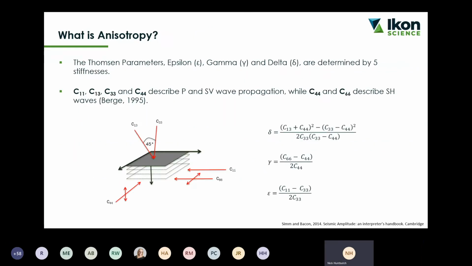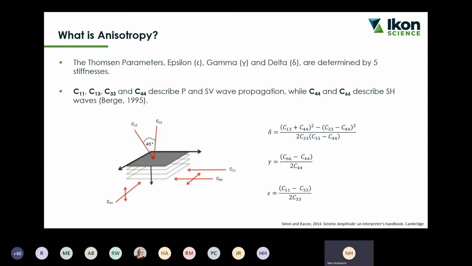Those parameters themselves are based on five stiffnesses, and those stiffnesses are described in different directions relative to the plane of symmetry. In the image there, we have a layering anisotropy, a VTI type setup, and given those stiffnesses and the plane of symmetry, each parameter has a contribution of P and S wave to it.